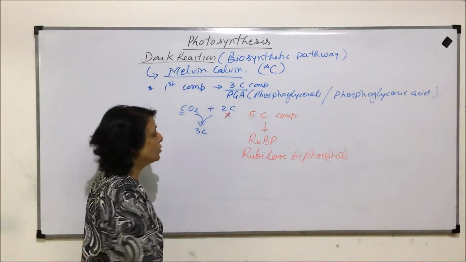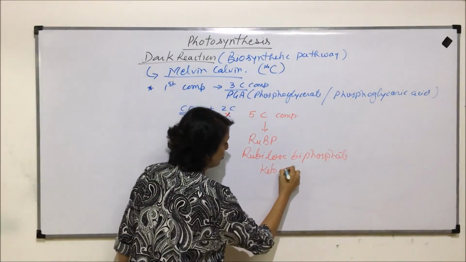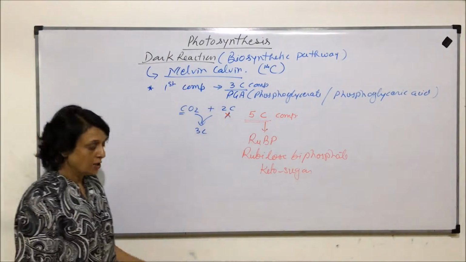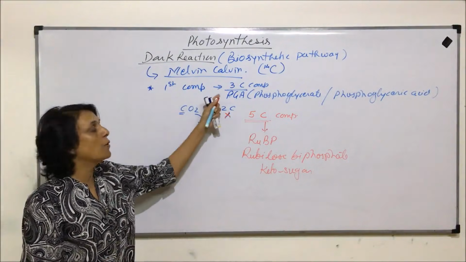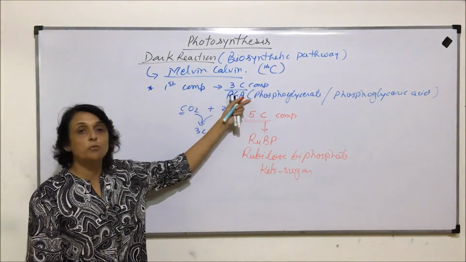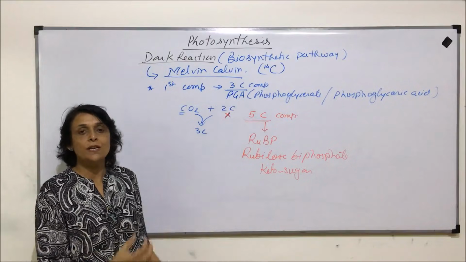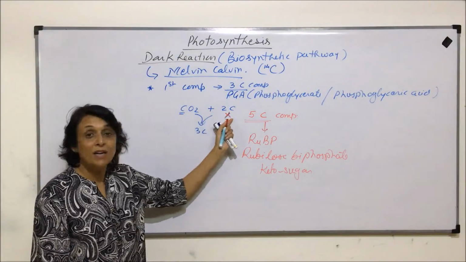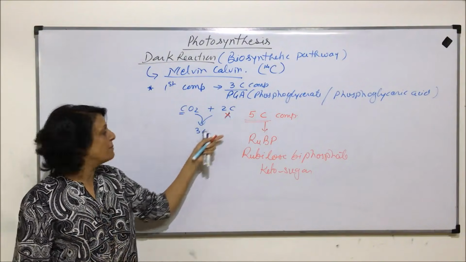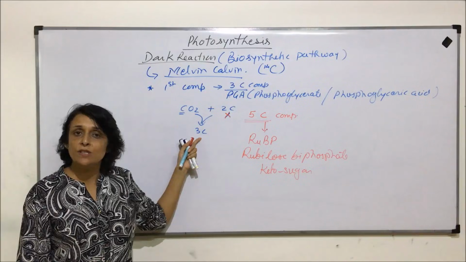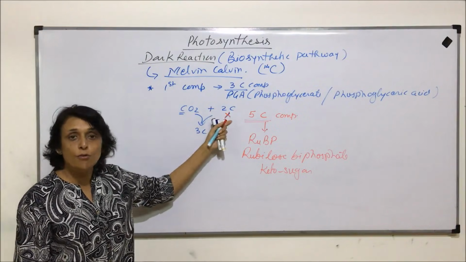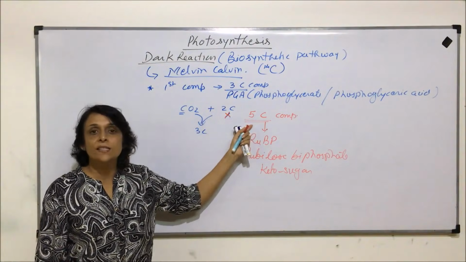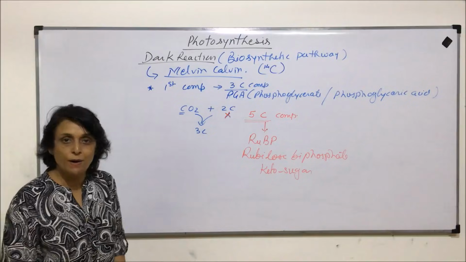It is a ketone sugar, and it is a 5-carbon compound. So initially when the first compound was isolated and it was detected to be a 3-carbon compound, an easy guess was that 1 carbon containing CO2 must be accepted by a 2-carbon compound, and that's how this 3-carbon compound is synthesized. But that was not true. They found out that the carbon dioxide acceptor is a 5-carbon compound.